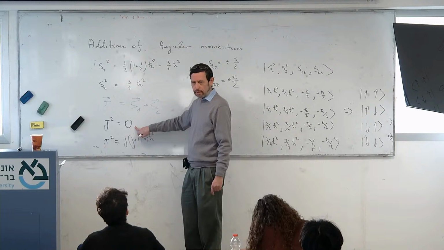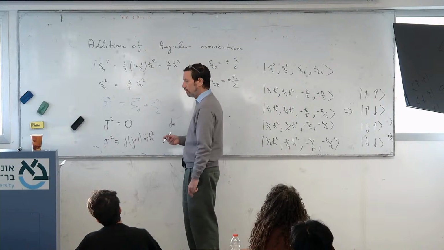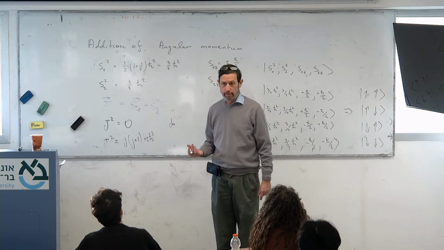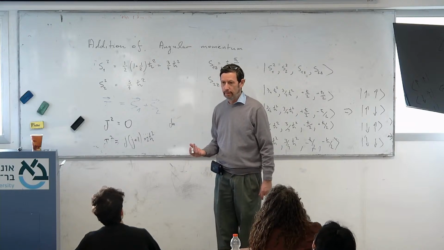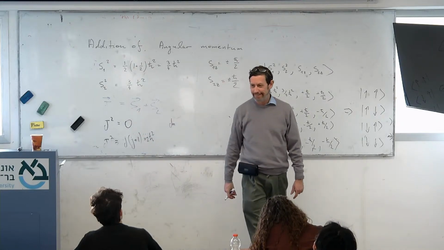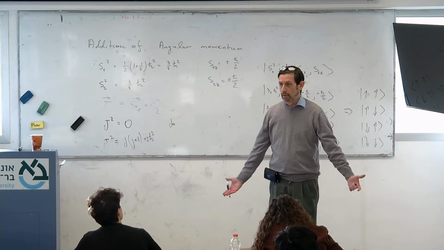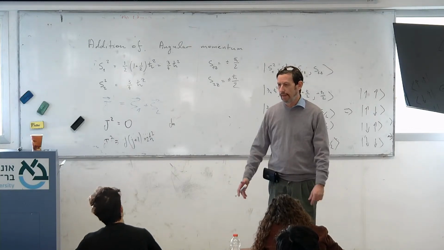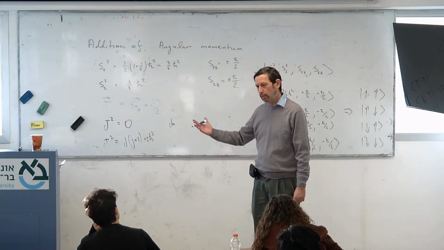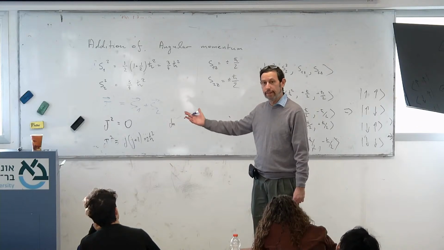For this state, what are the possible JMs, the M's in this description? No, half and minus half can't appear in a 0 state. We have learned if you have J squared or L squared equals 0, what is the possible M of the component in the Z direction?